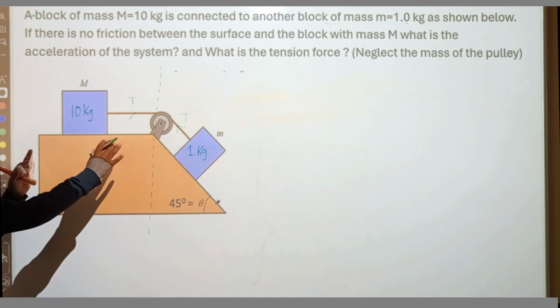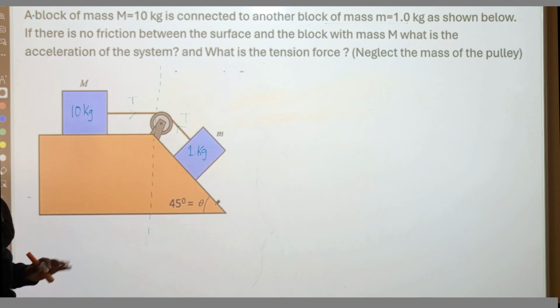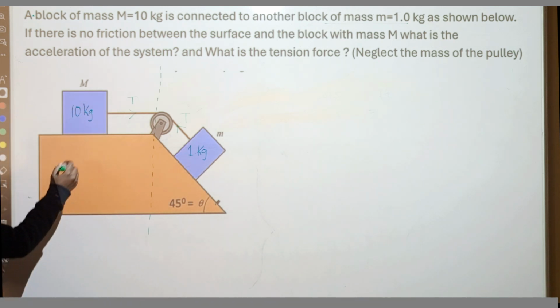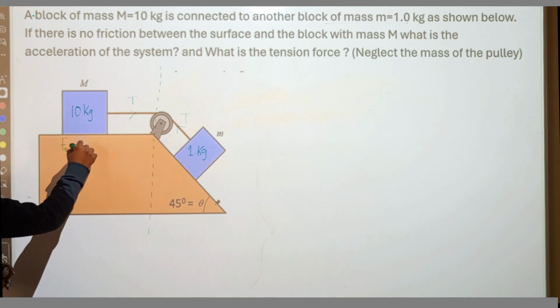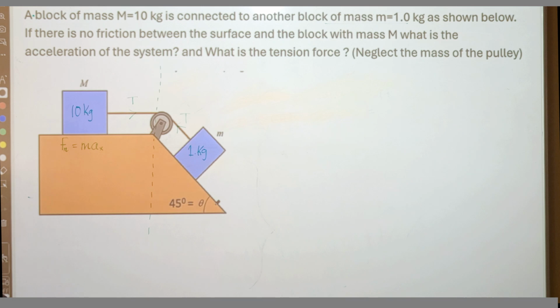So for this part, since tension force is the one pulling the box into the right direction, and we don't have any friction force to the left, we're gonna say from Newton's second law of motion, the F net should be equal to the mass times acceleration in the x direction.